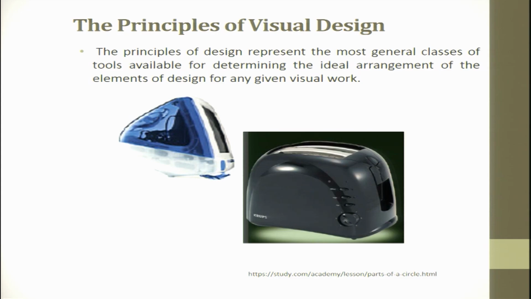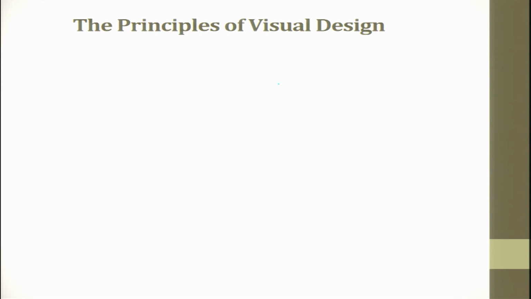The principles of visual design. The principles of visual design represent the most general classes of tools available for determining the ideal arrangement of elements of design for any given visual work. So, here we talk about principles of visual design, the ideal arrangement of the elements of design for any given visual work.